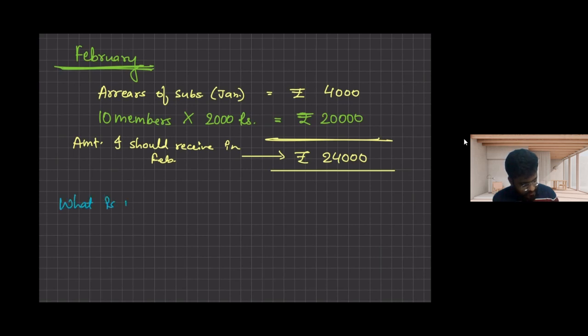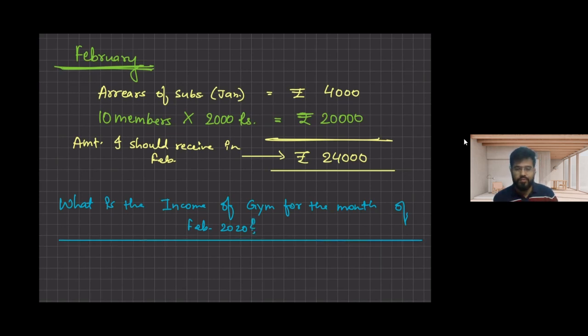what is the income of the gym for the month of February 2020?